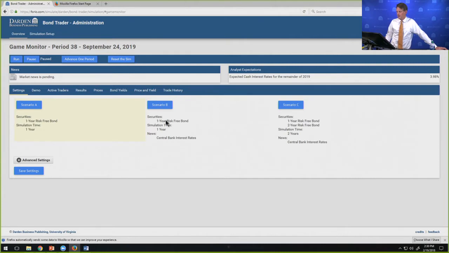So in scenario B, it's essentially the same setup, but there is news that comes out on central bank interest rates. So in this window, instead of just the market news pending, as things come along, let's say we come to April and there'll be an announcement that the central bank is going to increase the cash interest rate by 1%. And so I would pause the simulation and allow students to absorb, well, what does that mean? Cash interest rate is going to go up. So all of a sudden cash is more valuable and the bond is less valuable.